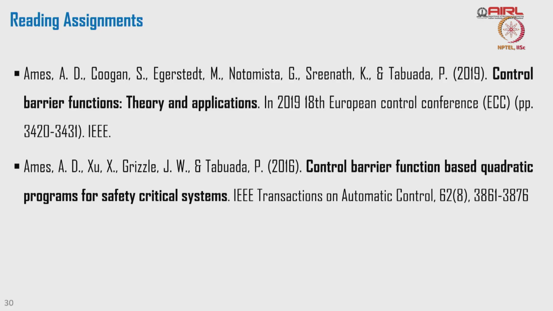You will get very foundational arguments on how control barrier function is helpful, how it is built from general mathematical understanding, then how this can be used in different applications of robotics and other autonomous systems. So I would request the students to go through these two papers, and we conclude this lecture here.